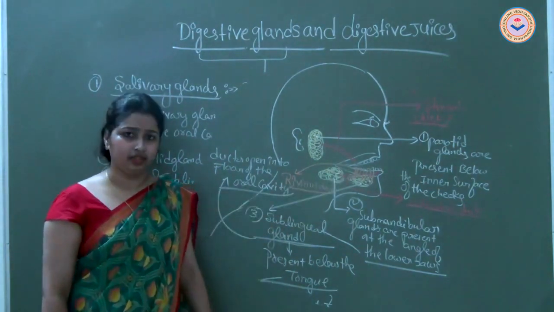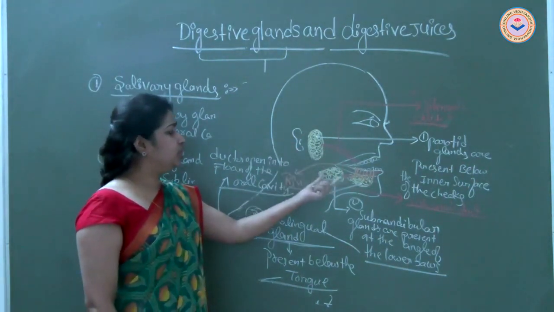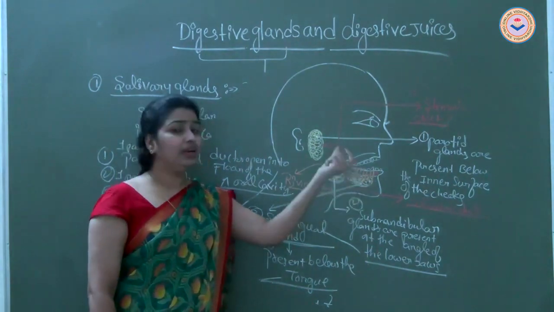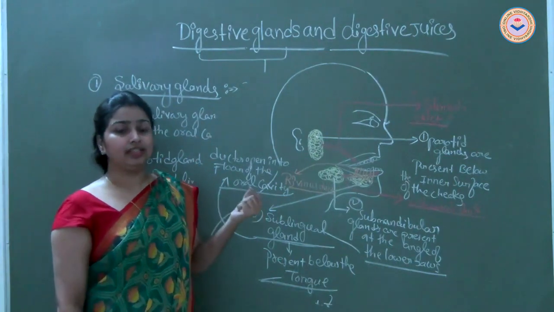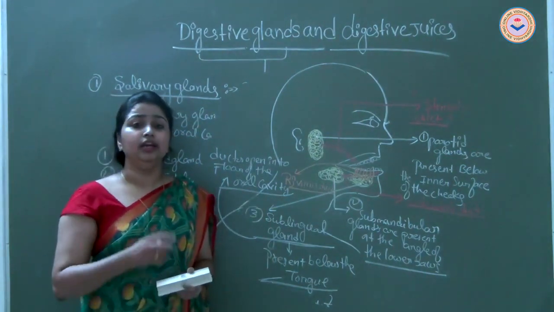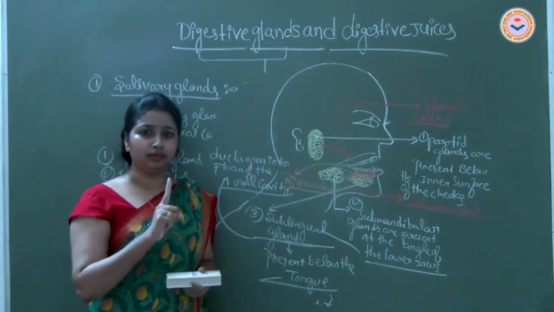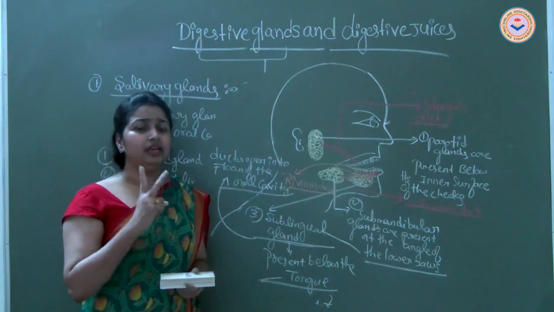Whether parotid, submandibular or sublingual glands, the three types of salivary glands consist of only two types of cells: mucus cells and serous cells.